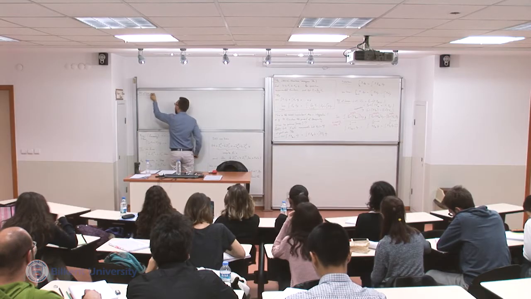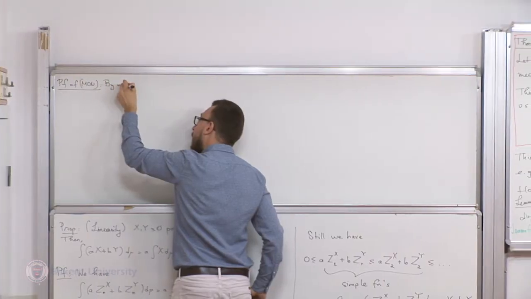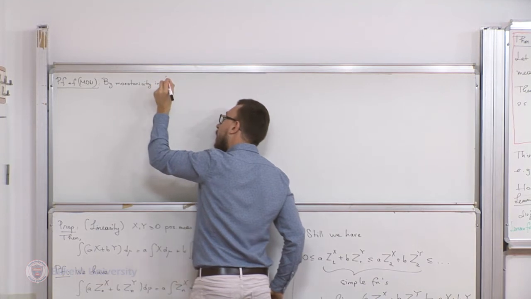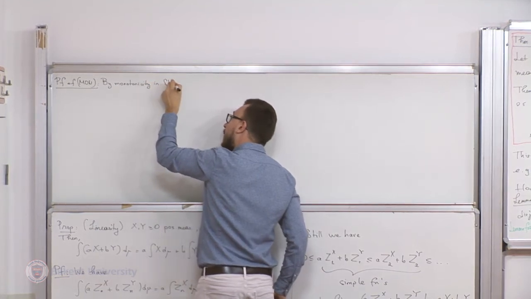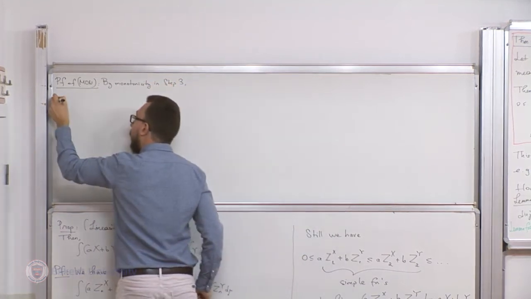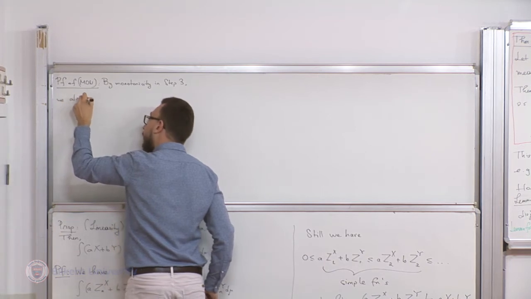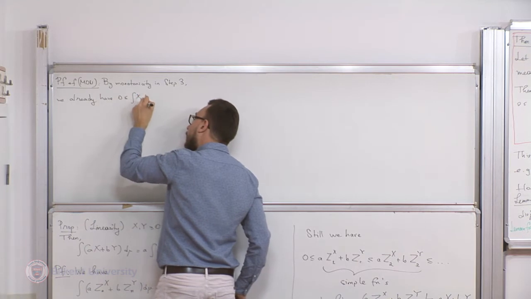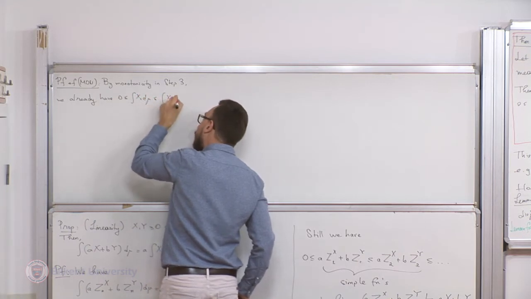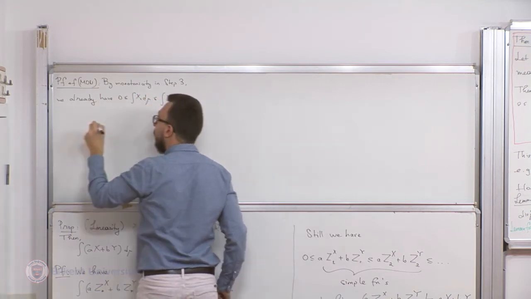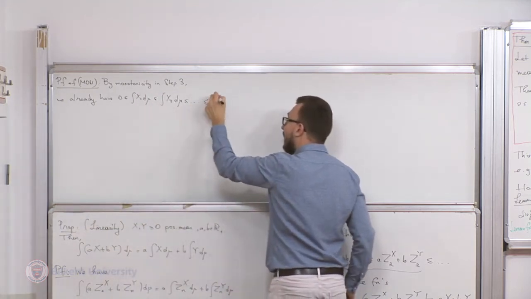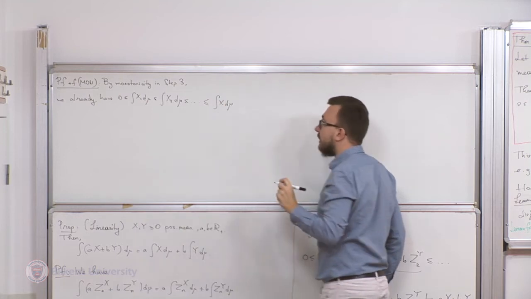So by monotonicity in step 3, we already have x1 dμ, x2 dμ, etc. And since each of them is less than x, we even have this.